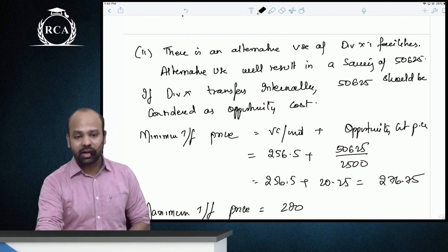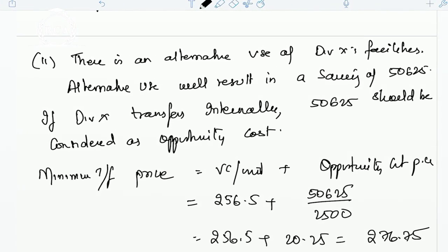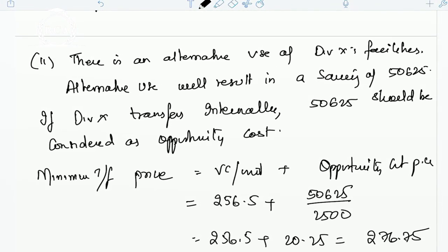I hope you've all done it. I'll just wait for a minute. I'm pretty sure that you've all done it. Here, the fourth bit's answer will not come because there are no internal transfers. Because there are no internal transfers, the fourth bit will not come.